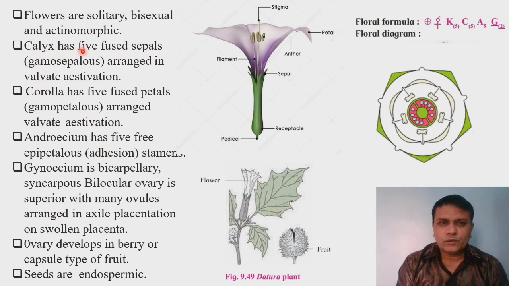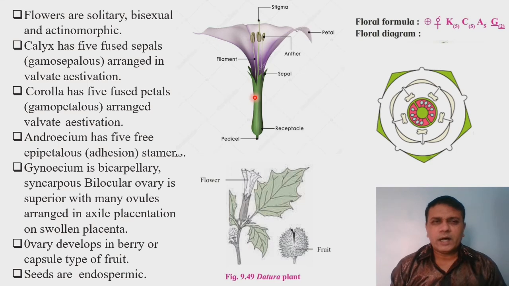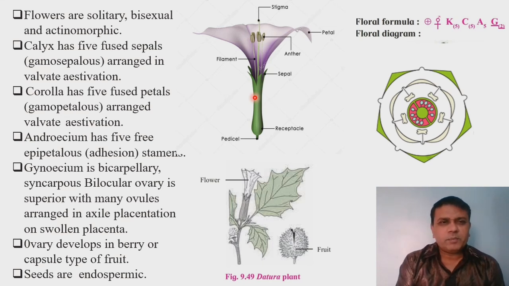Calyx shows five fused sepals. Here we can see this is the calyx, and it shows a total of five fused sepals. Hence, as the sepals are fused, the condition is called gamosepalous condition, and the sepals show valvate estivation.